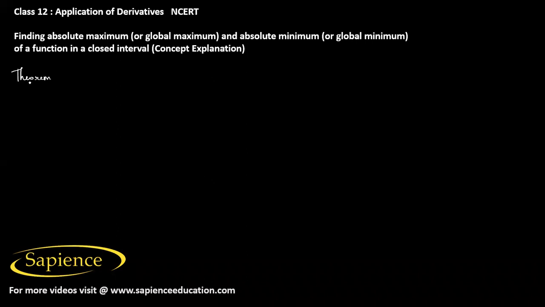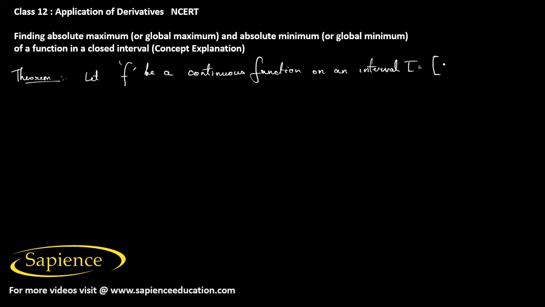So the first theorem is that let f be a continuous function on an interval I, which is equal to the closed interval a to b.